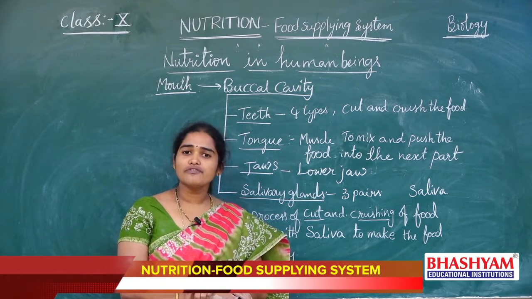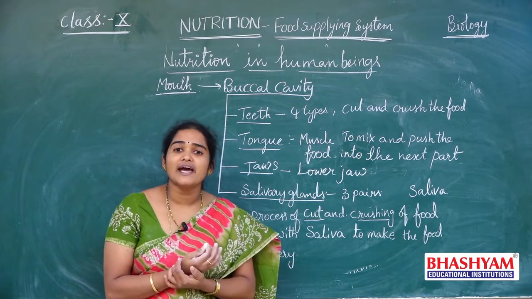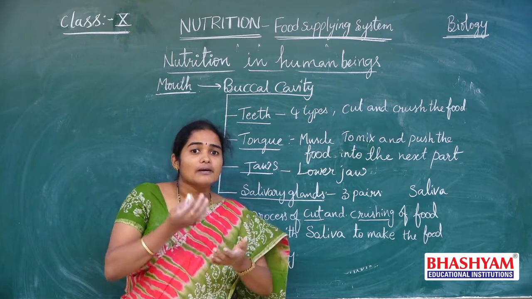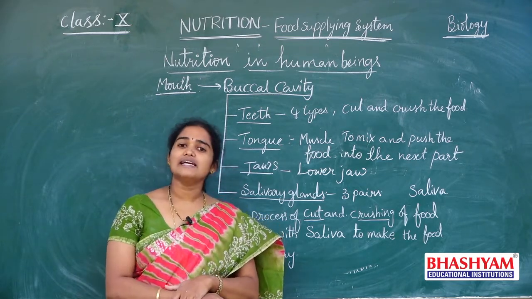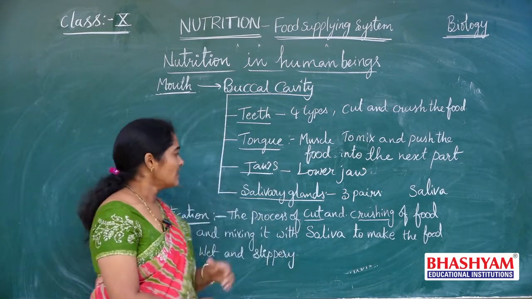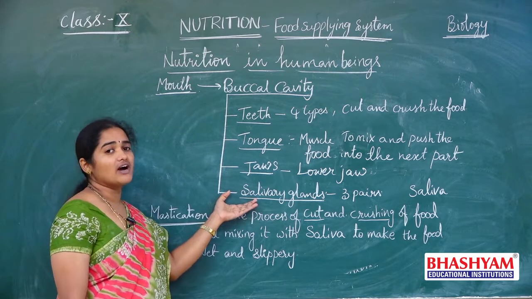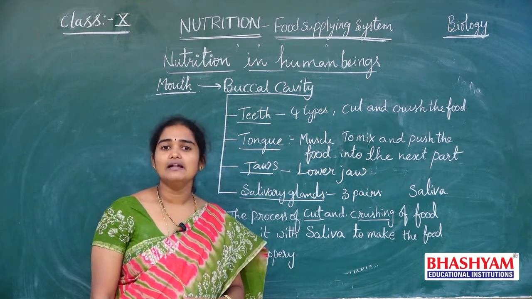And because of the mixing of food with saliva, food gets slimy and slippery and it is easy to pass the food into the next part of the digestive tract. Understand? So, here to produce the saliva, we have 3 pairs of salivary glands in the buccal cavity.